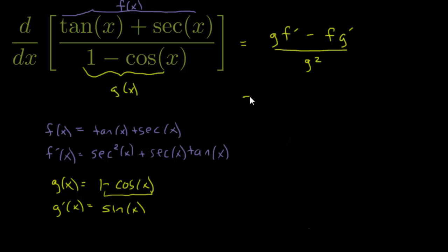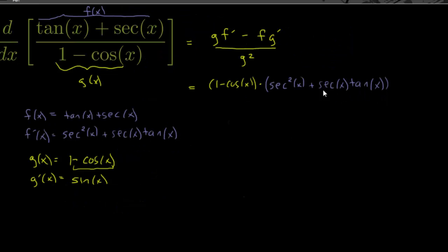We have g f prime, so g is going to be 1 minus cosine x times f prime, minus, and then f g prime.